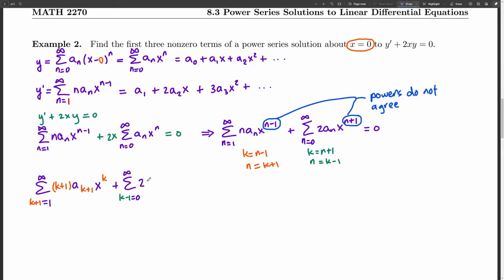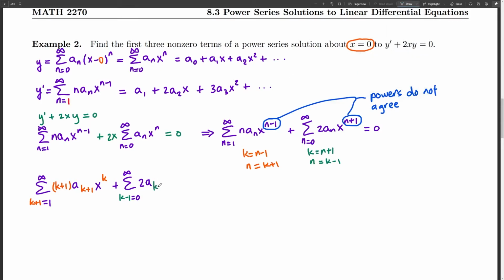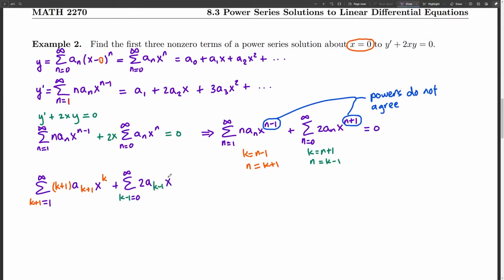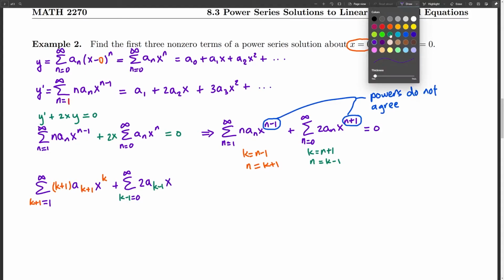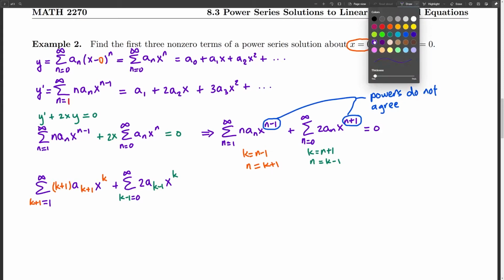And then 2 times a sub k minus 1. And then x to the power k. And that equals 0.